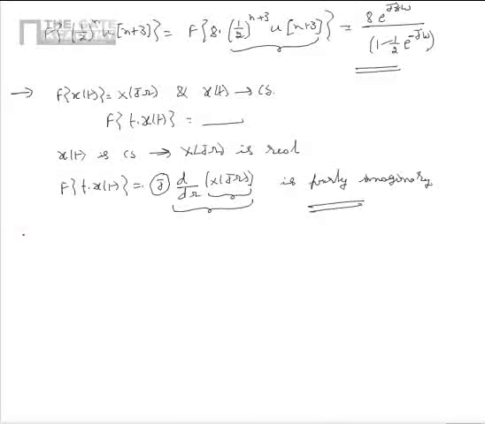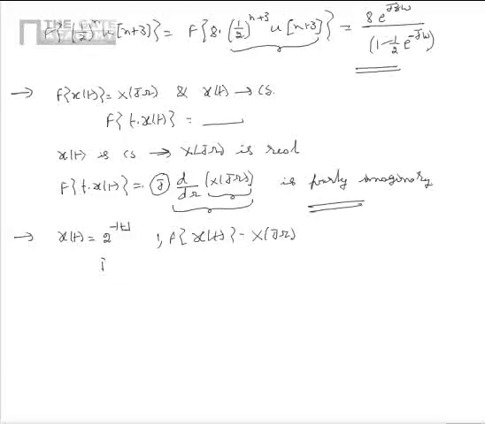Now let us consider another problem, as per which there is a signal x(t) given as x(t) equal to 2^(-|t|), and it is also given that the Fourier transform of x(t) is X(jω).